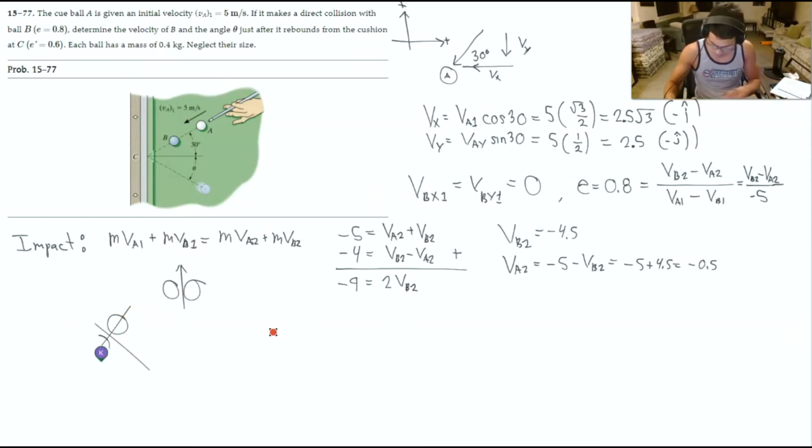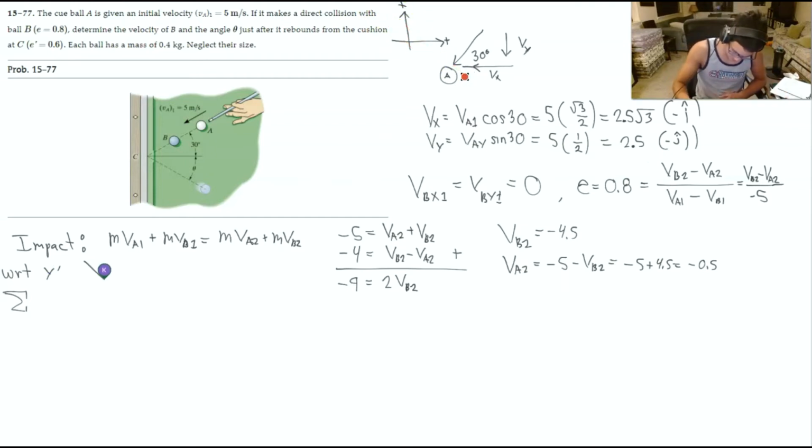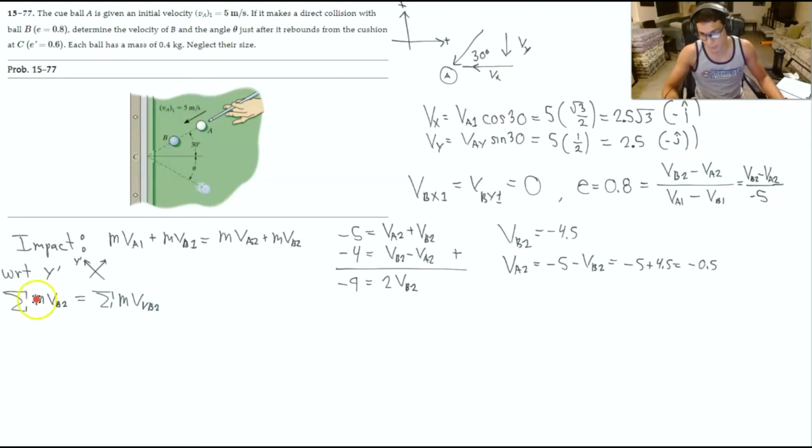So I'm going to erase those diagrams. So the sum, and this is going to be with respect to y. I should label this as y prime. Okay, we'll call this y prime. So with respect to y prime, we had mVB2, and then we're going to have mVB3. Now, these are just vectors right now. Okay, but let's put this as a speed and then times some sine.